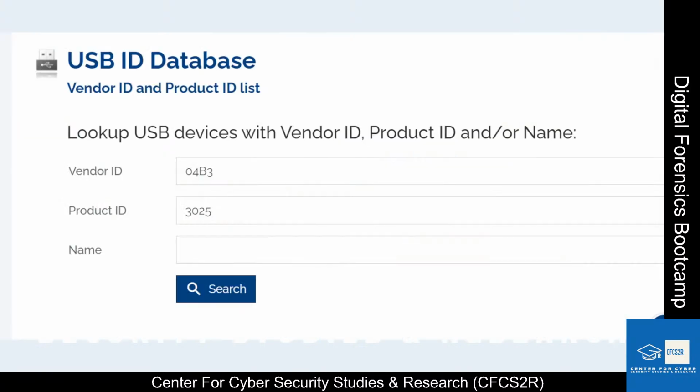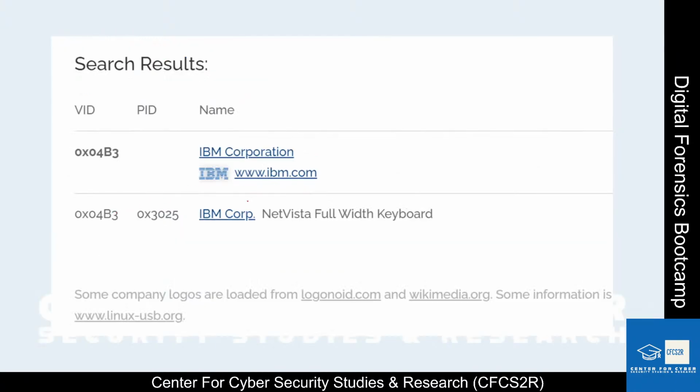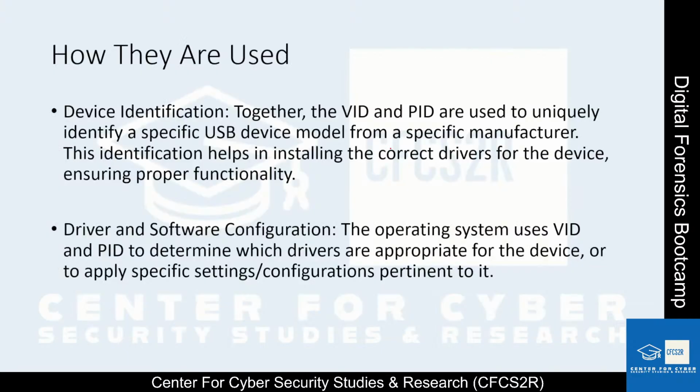Great. So we have checked the USB ID database, we have put down some vendor ID and product ID, then we have searched it, and we found that there is a product, a full-size keyboard. So basically the IBM keyboard connected to the USB is one of the devices that my system has detected.